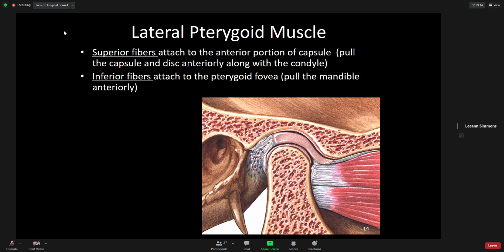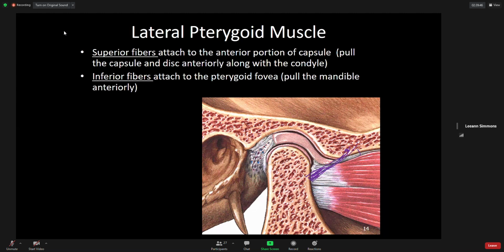So I just want to review again with the lateral pterygoid muscle. The superior fibers attach to the anterior aspect of the capsule. Okay, so if I'm going to draw the capsule in here, let's just say that's the capsule here.